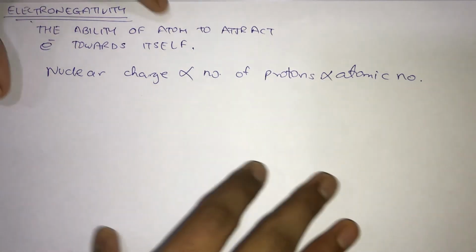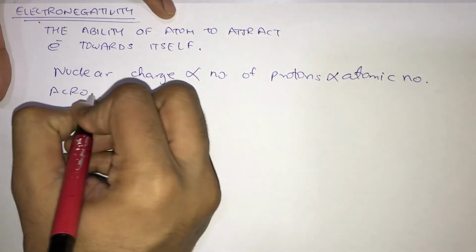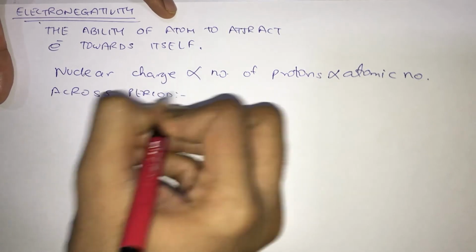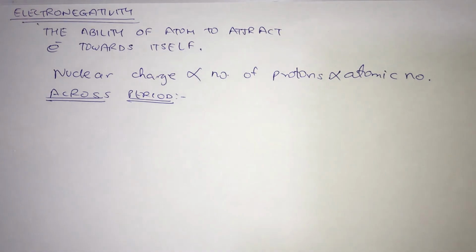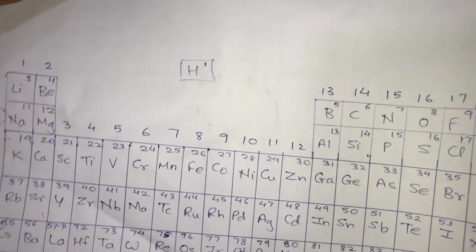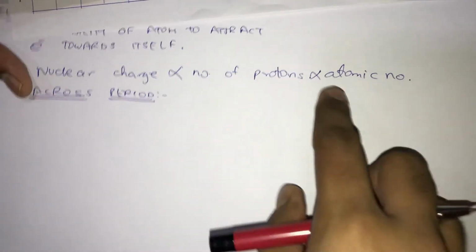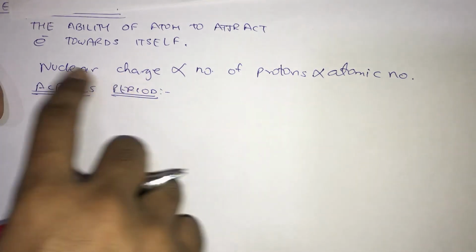So if we want to understand electronegativity across a period, for that I am going to consider the fourth period as our example. So as you can see over here, if the atomic number increases, then the nuclear charge increases.